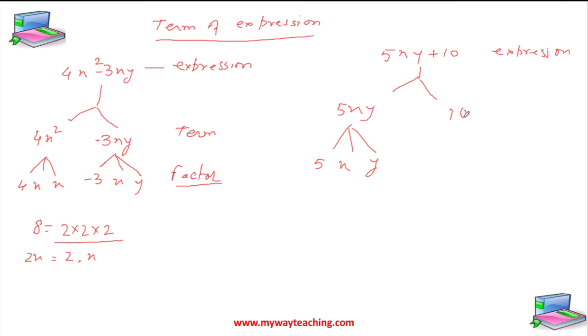For 10, the factors are only 1 and 10, so that's why we do not subdivide it. So this is called factor, okay, and this is called term. Now we can understand what is the expression, what is the term, and what is the factor.